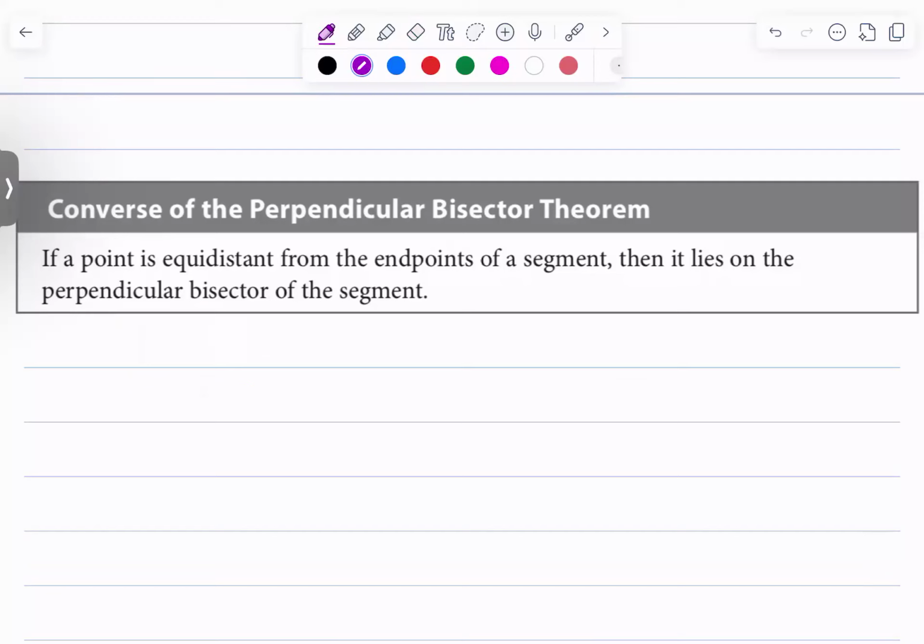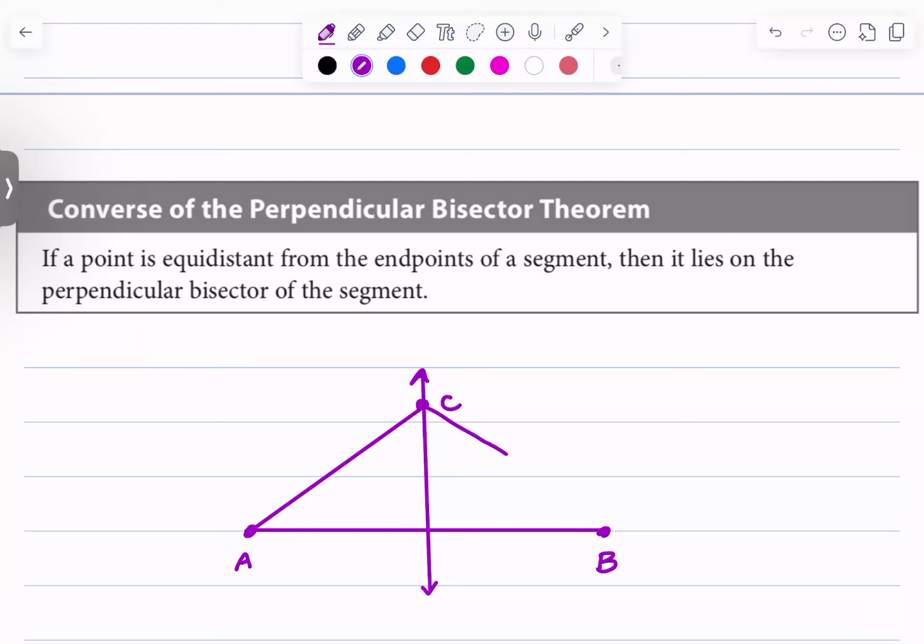If I know that I have a line here, and I have a point, let's call this point C, and I have a segment here, let's call this A, and let's call this B. And I know that AC is congruent to BC.